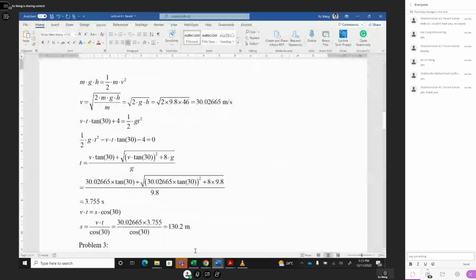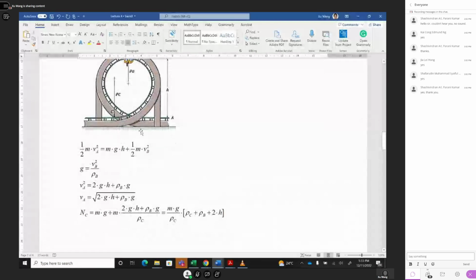So at the beginning, kinetic energy, and they have to convert into here, gravity potential energy, mgh. And because this car has tangential velocity, another kinetic energy. That's the energy conservation from this point to this point.